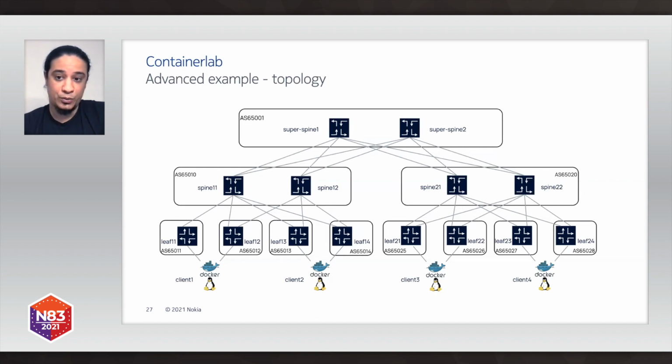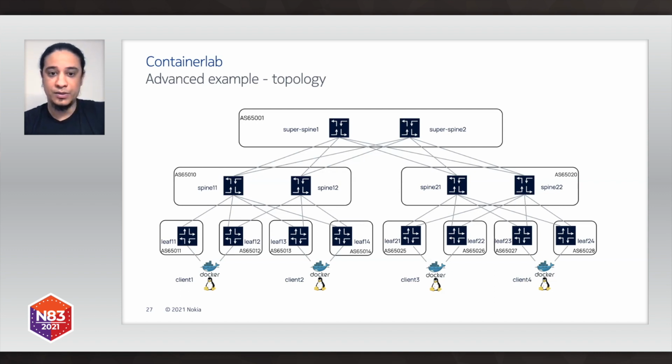What I want to point out with this slide is that each spine will have 6 neighbors, and that's basically the criteria we will use to determine if our lab started successfully or not. More advanced checks can be added, of course, but for the purpose of this demo, we'll just stop at checking the number of neighbors for each of the spines.